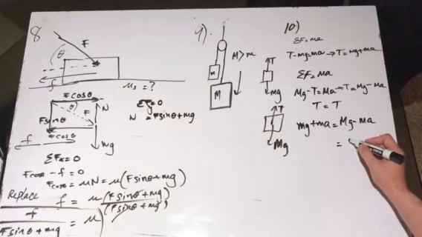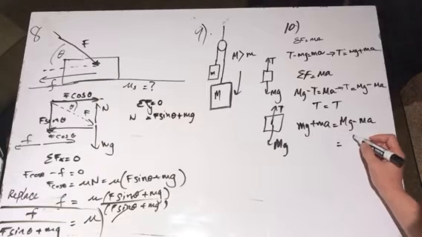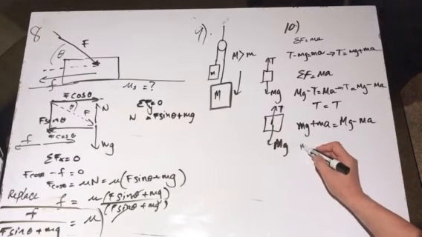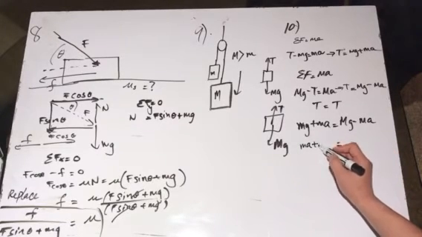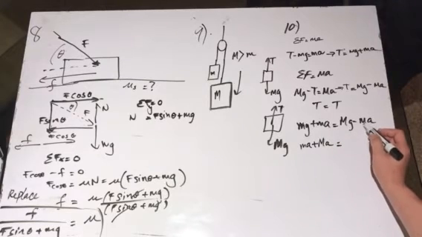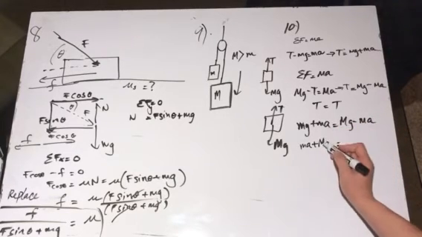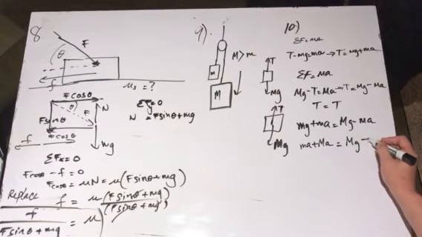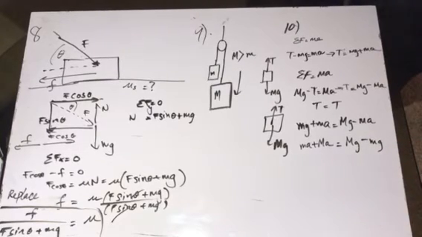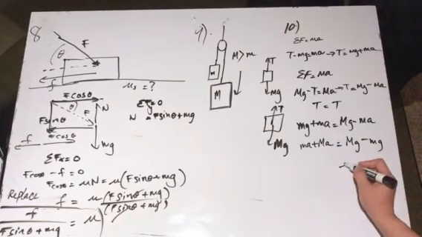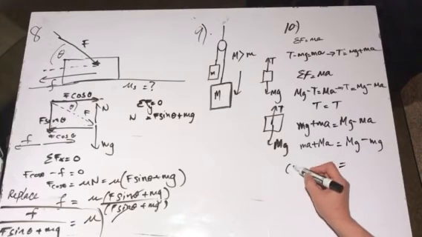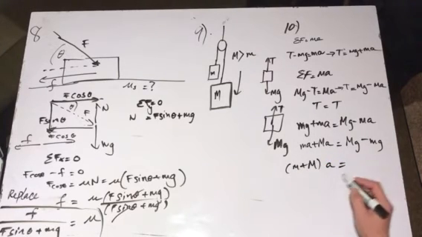Combining the terms, it will be ma plus Ma. I subtract this side over here, and it will be Mg minus mg. And I isolate this, put a outside, so that will be (M plus m).